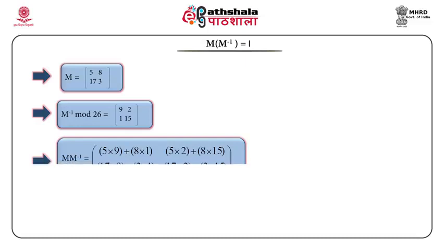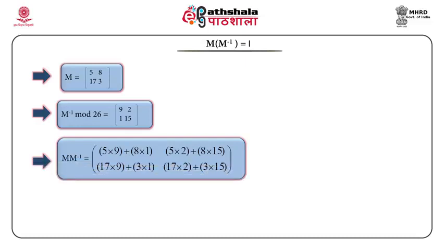This slide focuses on multiplying M with M inverse to get the identity matrix. And why are we bothered about this? Because Hill cipher can only work on a matrix which has an inverse matrix, and the idea is M multiplied by M inverse gives you the identity matrix.